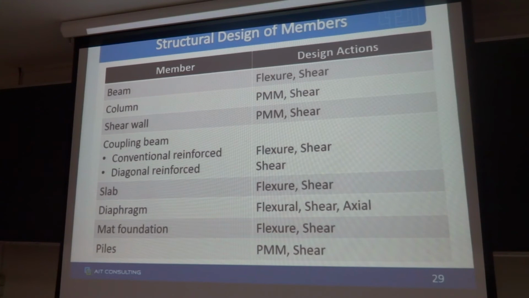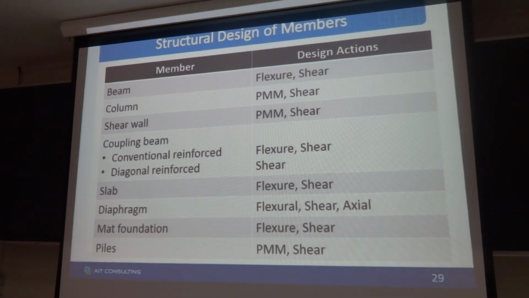And another one is the coupling beam. For coupling beams, you have conventional reinforced and diagonal reinforced coupling beams, depending on the configuration of the beam. For a conventional reinforced beam, you design for flexure and shear like normal moment resisting frame beams. But for a diagonal reinforced beam, you design for shear using the diagonal reinforcement.